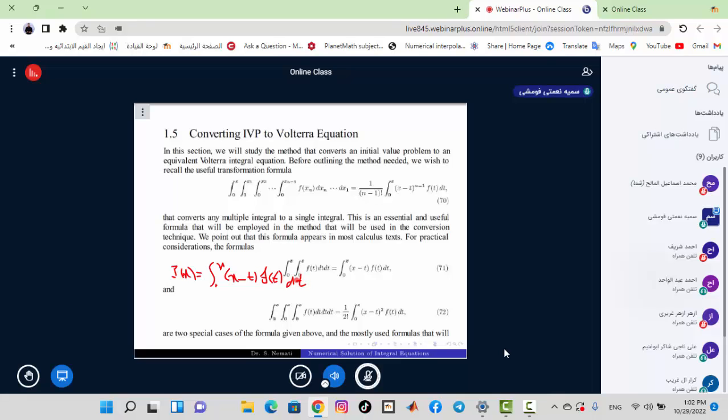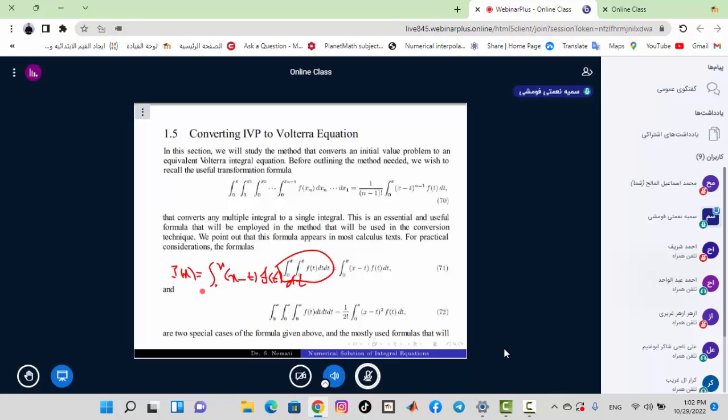If I show that I of x equals this expression, do I show that these two expressions are equal?